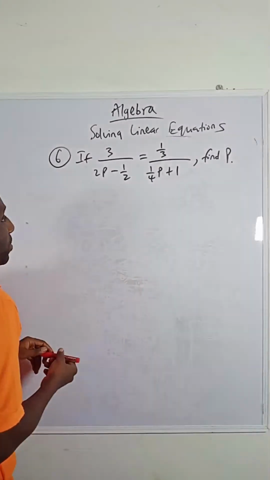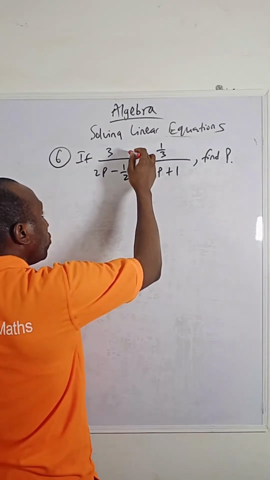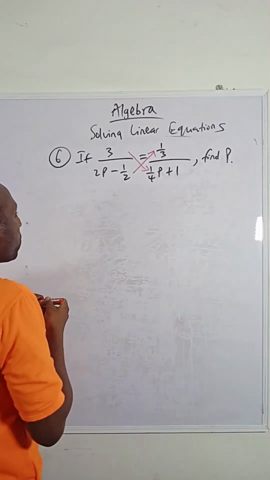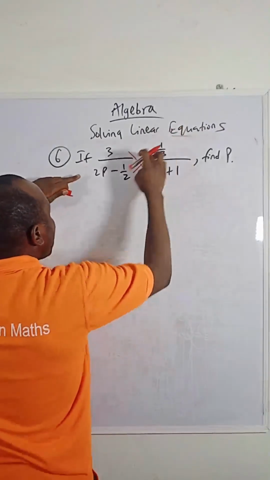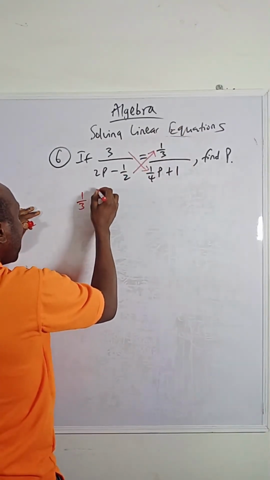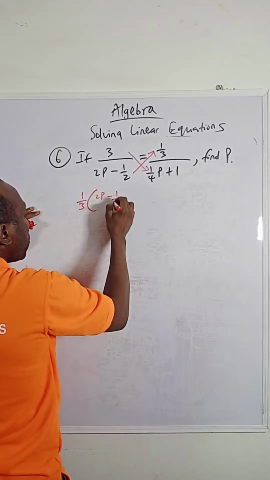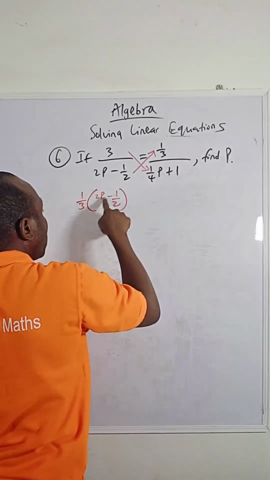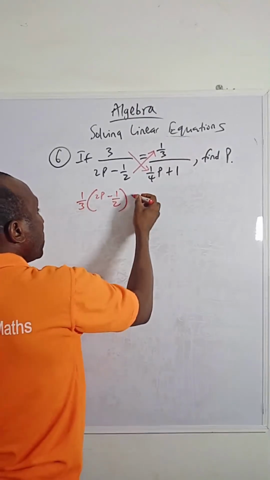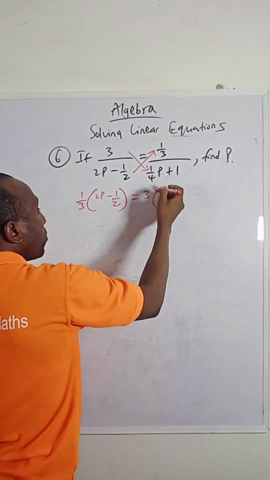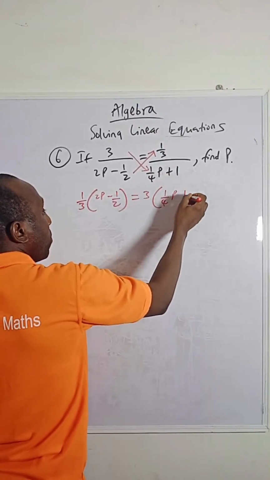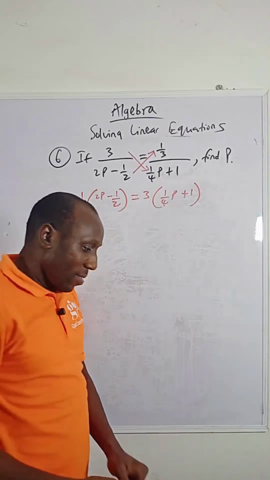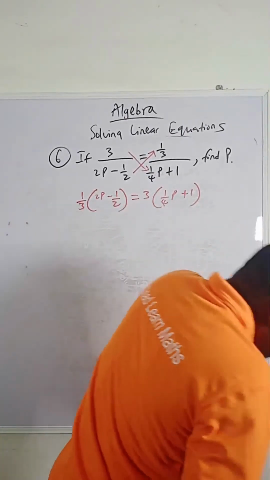So you do this, and then you do this. 1 over 3 times this: I'm going to write 1 over 3 bracket 2p minus 1 over 2. See, 1 over 3 times all of this here. This is equal to 3 times 1 over 4p plus 1.